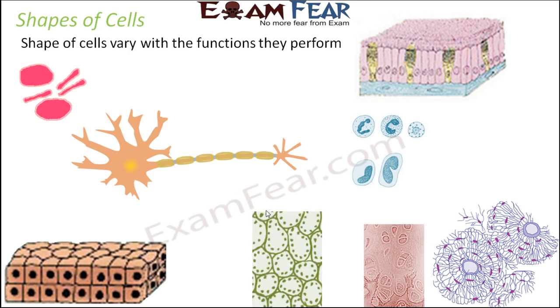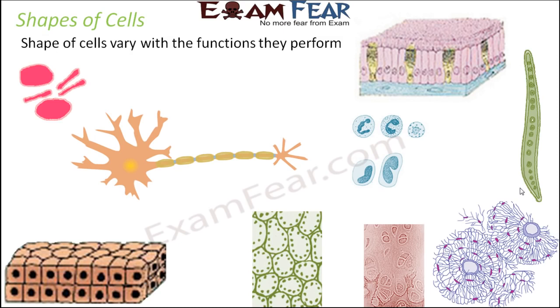Again, the mesophyll cells of the leaves. When we spoke about the anatomy of dicot leaf, we spoke about the middle layer, mesophyll layer, which contains chlorophyll. So the mesophyll cells, again, they are also round or oval in shape. Again, when you think of another plant cell, say tracheid, they are elongated cells. They are like a tube-like structure.